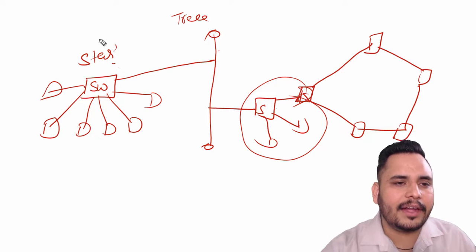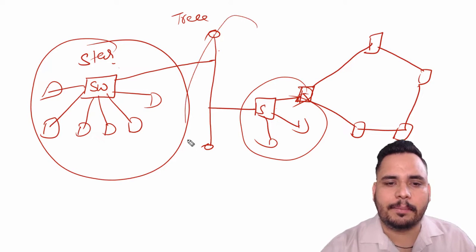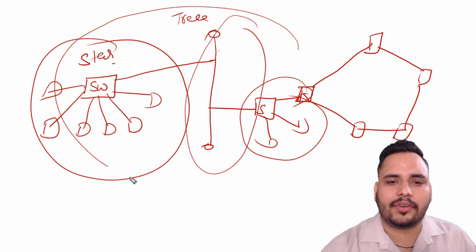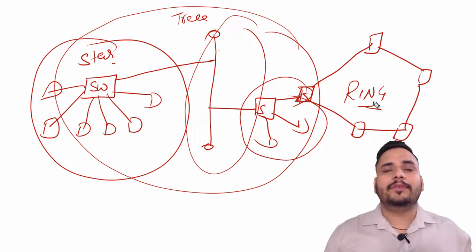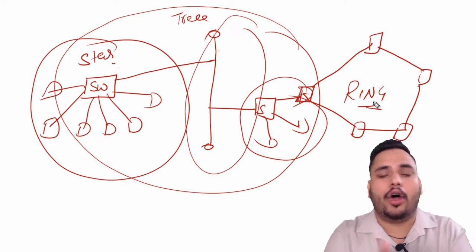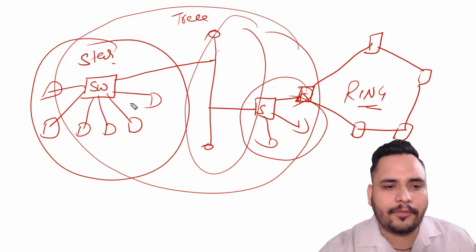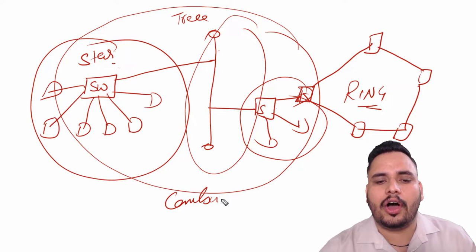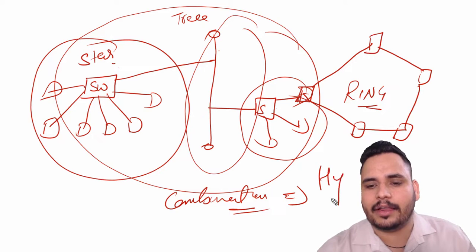Okay. So here we can see that this is a star network, this is a bus network, this is a tree network, and this is a ring network. So when we are not able to understand how we can name all these topologies, we have to see that if there is a combination of two or more topologies, then we rename that topology as a hybrid topology.